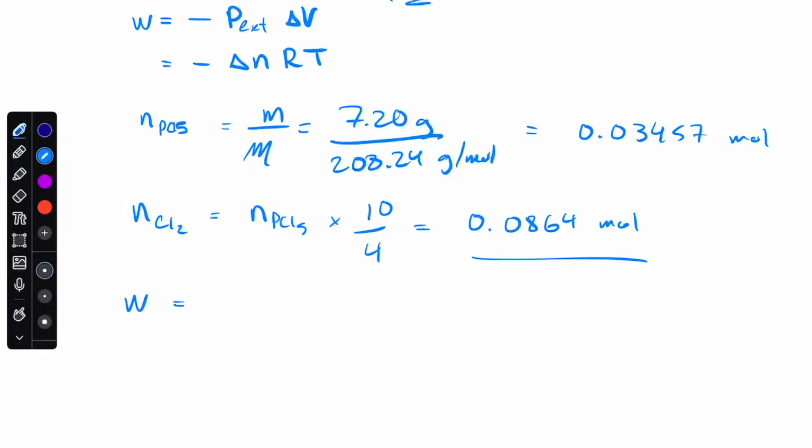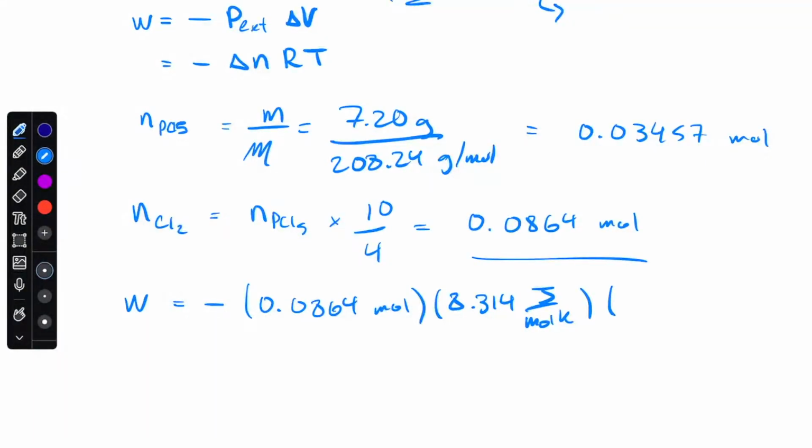So our work then is minus delta n, which is 0.0864 moles, times R, and work is in joules, so we're going to use the R that has joules in it, times the temperature, which is 32 degrees Celsius, which is 305.2 Kelvin.